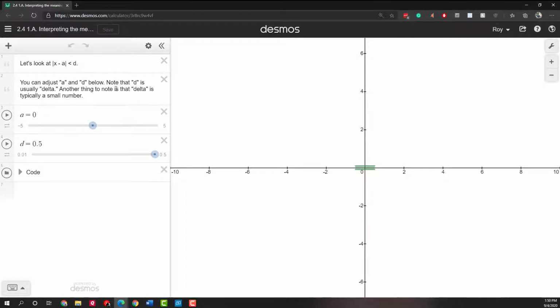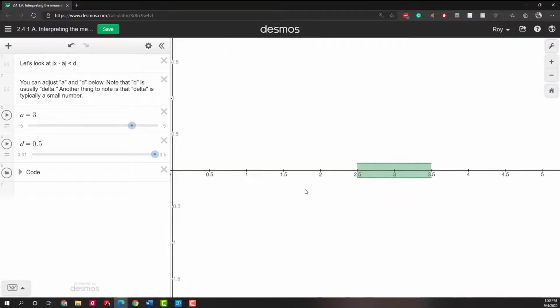Now you're absolutely welcome to use my technology here, and you could just go to the web address that I had there, and you can see that this aligns with this lecture. You can adjust a, the center, so I'm going to adjust a to be at 3. You can zoom in here, you can see I'm centered at 3, and this just allows us to see I have a bunch of values within a certain distance of 3.